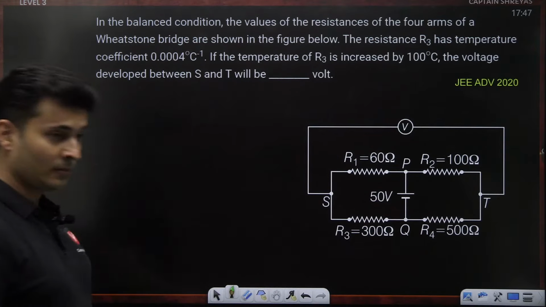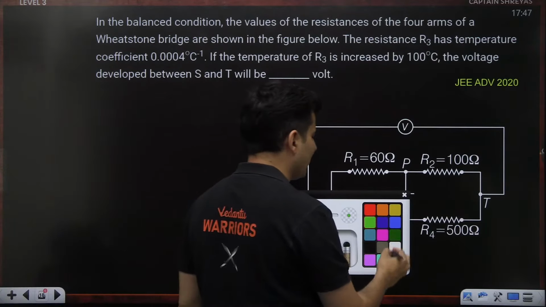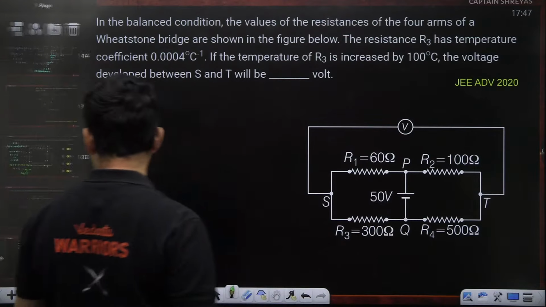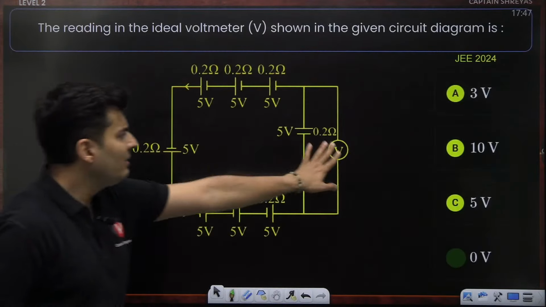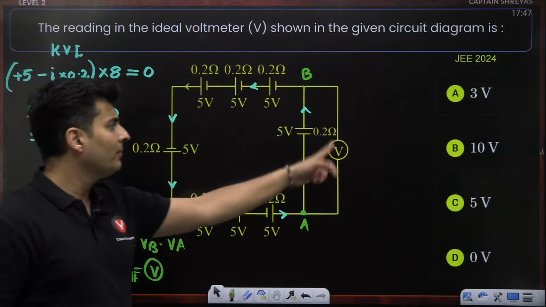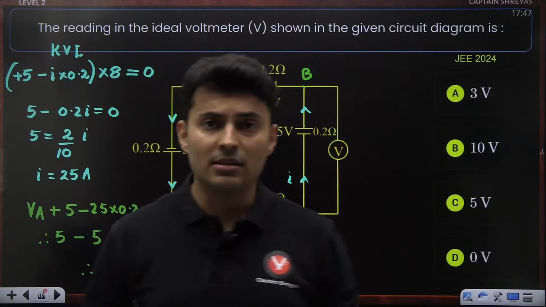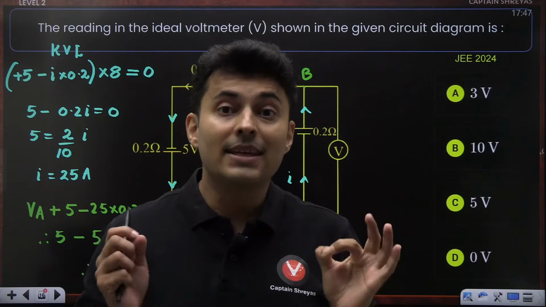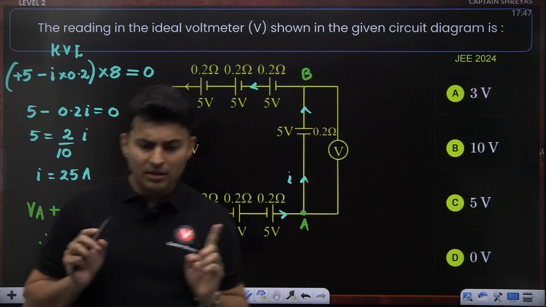Okay. Now let me tell you, whenever you have a voltmeter in the circuit, just like in the previous question, did we even consider it while solving the problem? No. Why? Because a voltmeter has how much resistance? A voltmeter has infinite resistance. It does not hamper anything in the circuit.